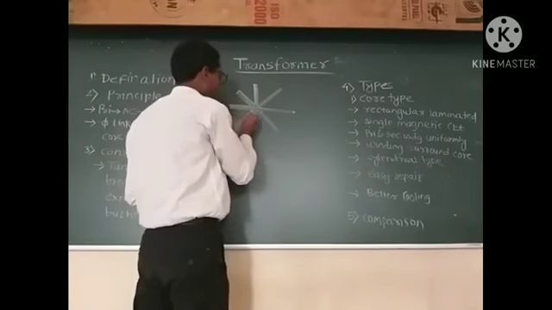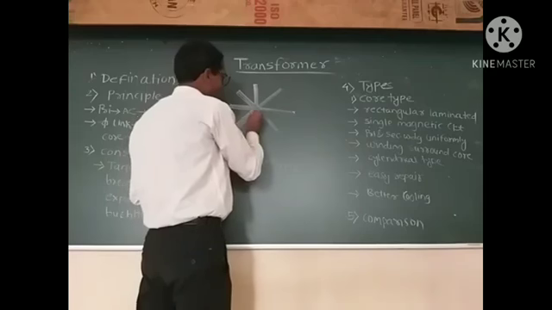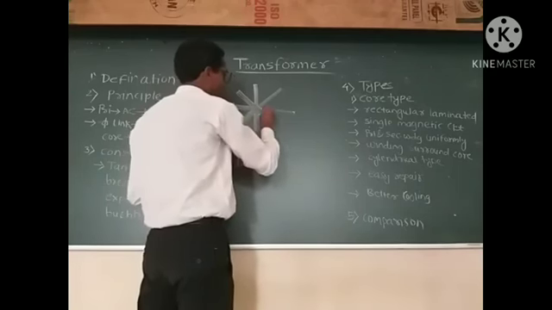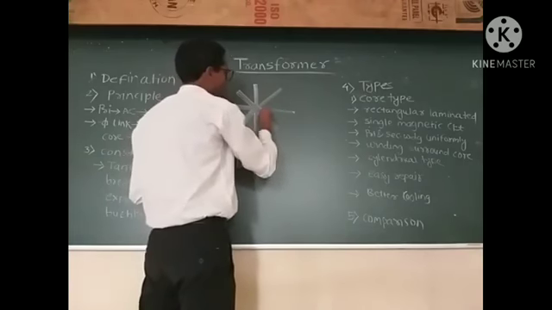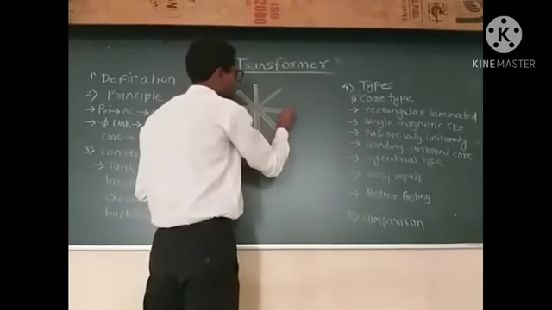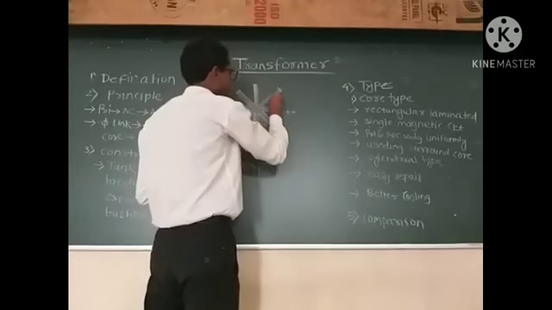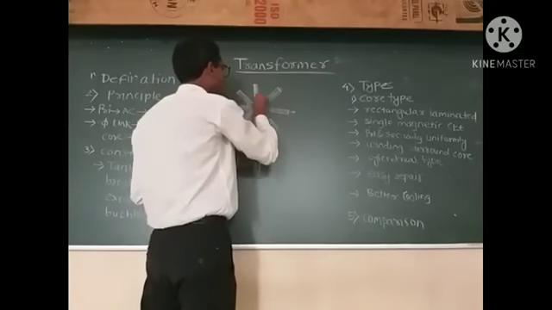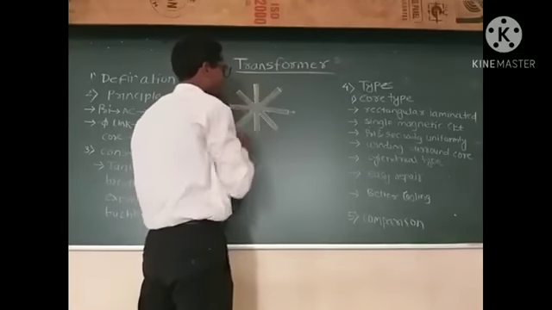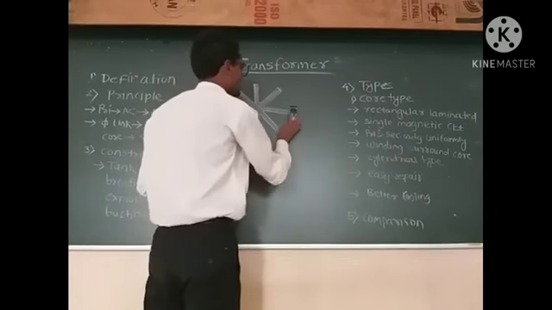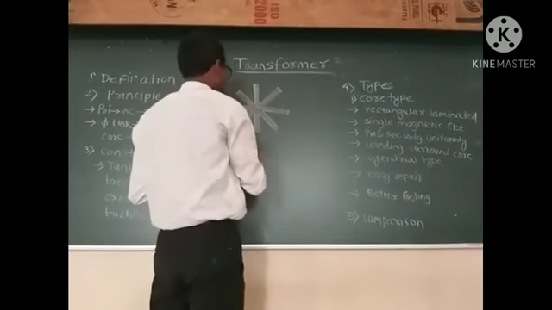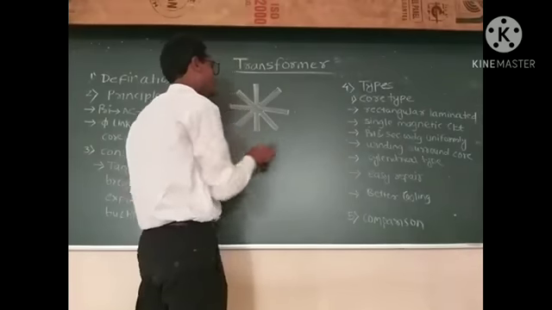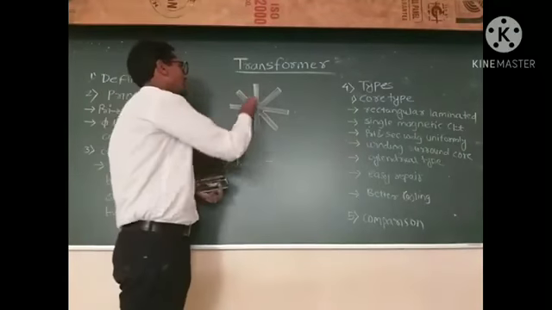You know the spoke of a wheel, then you can better understand the Berry type of transformer. This type of structure is present in the Berry type of transformer.